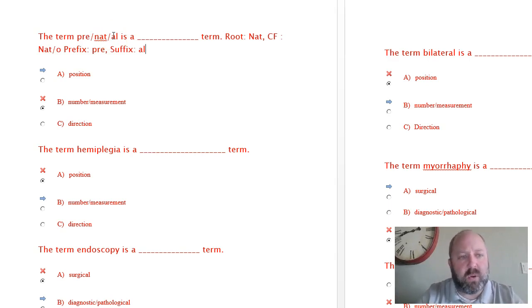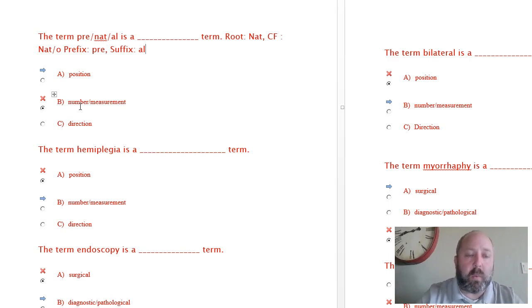We need to worry about this prefix. Is this positional? Is this number or measurement, or is this directional? Almost everybody that missed this marked it B as a number or a measurement, and we're not numbering or measuring anything. The pre means before. It's clearly a positional word.